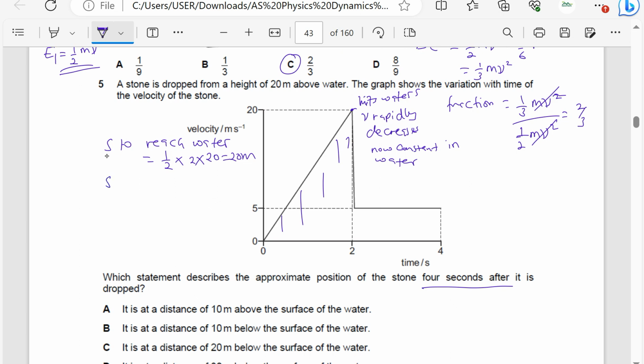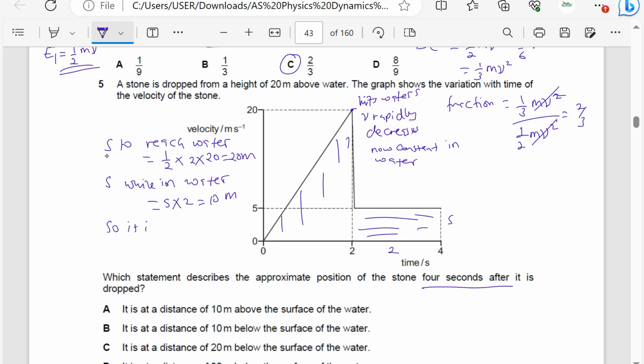Then S while in water, the distance it moves when it is in water. This is 2 and this is 5. So it is 5 times 2, which is 10 meters. That is the distance while it is in water.